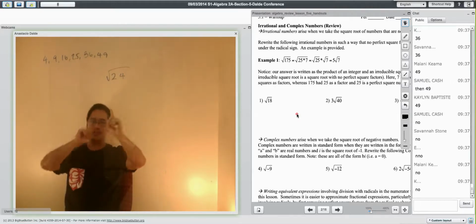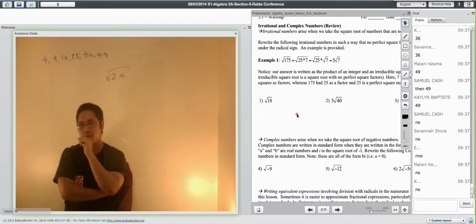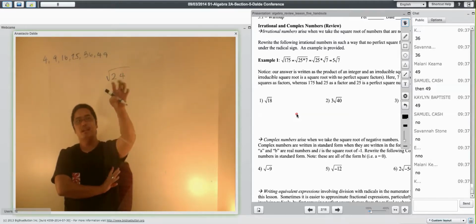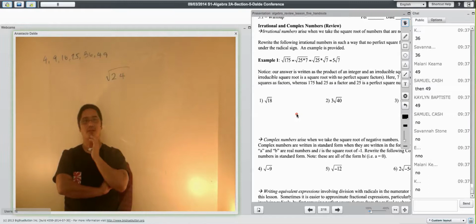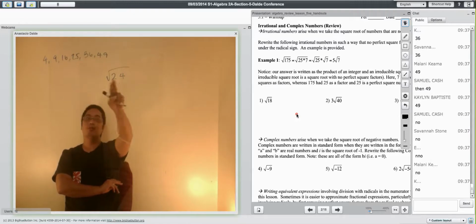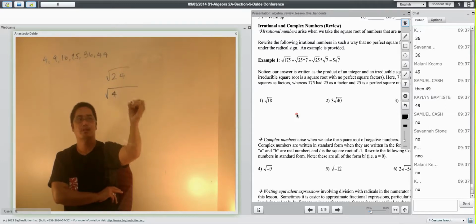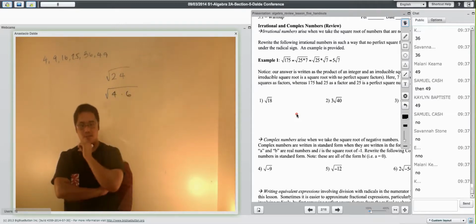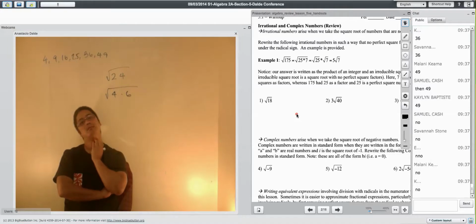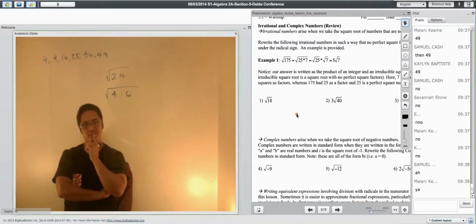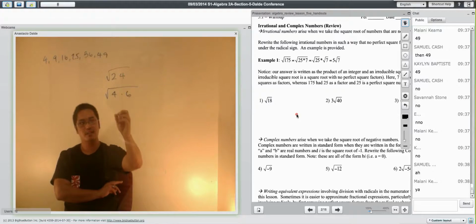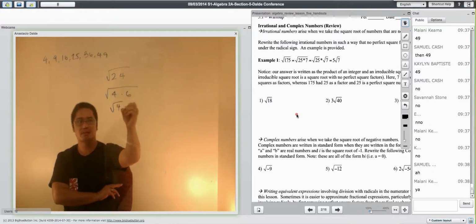But we can make this a little bit simpler. Not completely simpler, but a little bit simpler. By pulling out some of those perfect numbers. For example, 4 goes into 24. So the square root of 24 is really the square root of 4 times 6. Agreed? Now the square root of 4 times 6 is really the square root of 4 times the square root of 6.